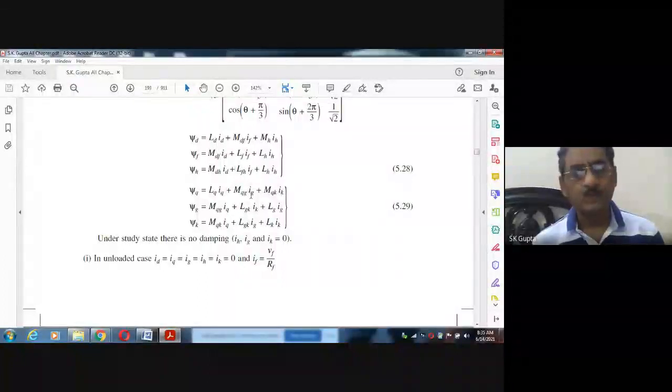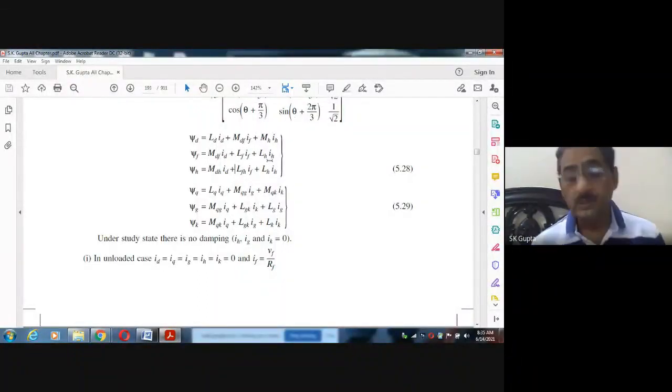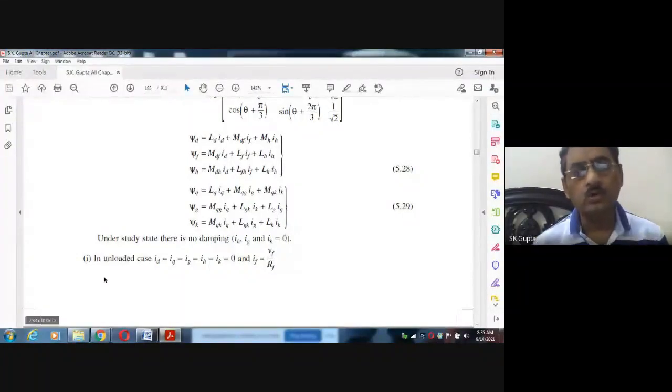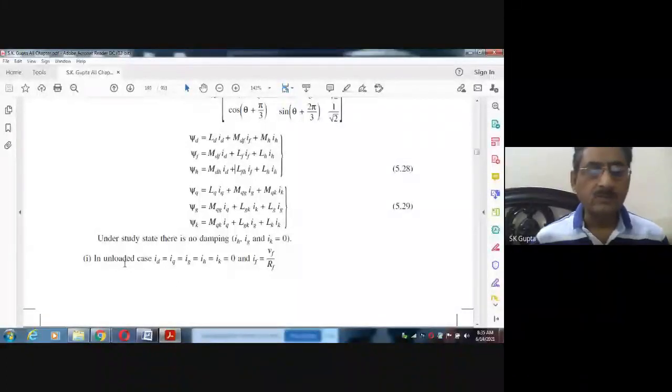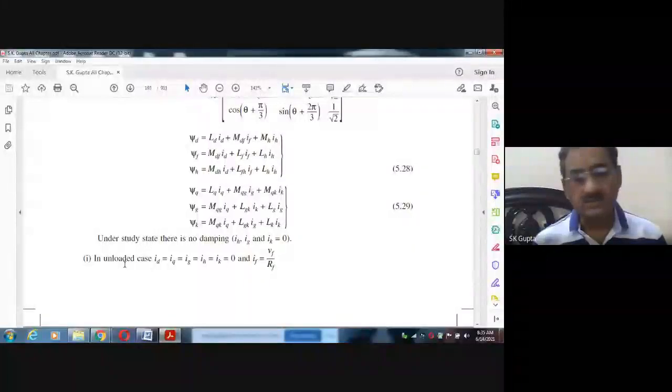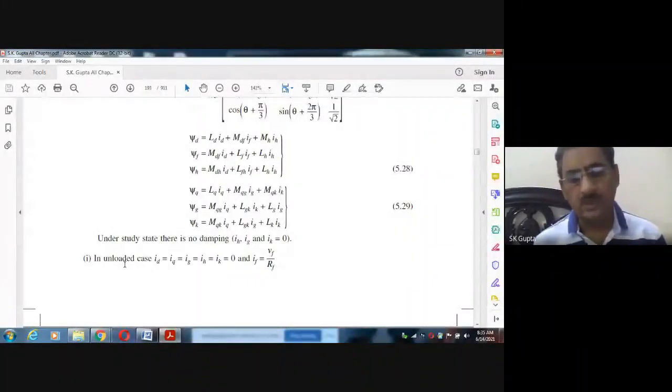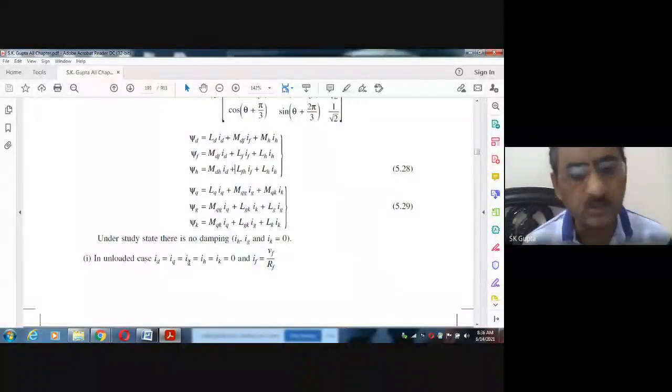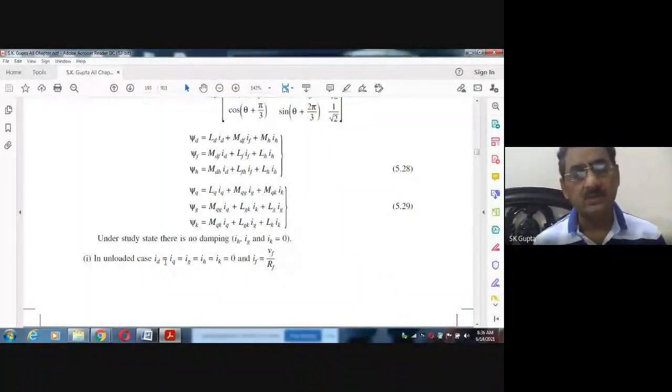Under steady state, all these will be 0. ये ट्रांजिएंट एनालिसिस में 0 नहीं होंगे, अभी ये 0 हो जाएंगे. साथ में ही since it is unloaded, meaning load is not connected. लोड कनेक्ट नहीं है मतलब स्टेटर पे कोई लोड नहीं लगा है, तो Ia, Ib, Ic भी 0. हर एक फेस में करंट 0, तो Id, Iq, I0 will also be 0, क्योंकि Id, Iq, I0 भी तो यहीं से आए हैं, Iabc से, so this is also 0.